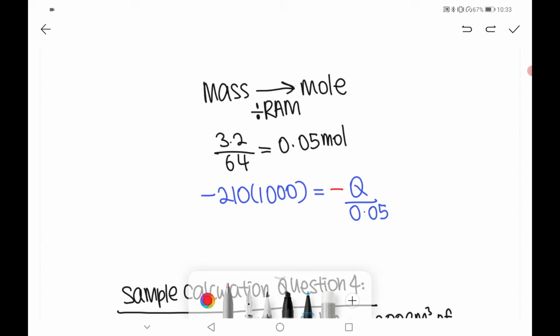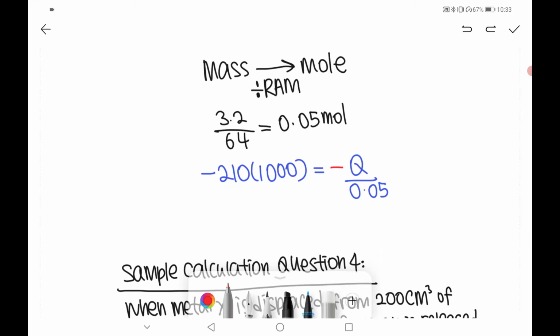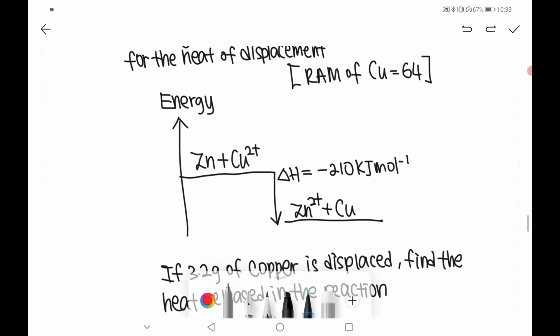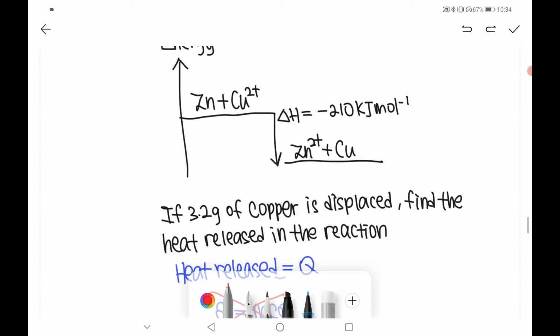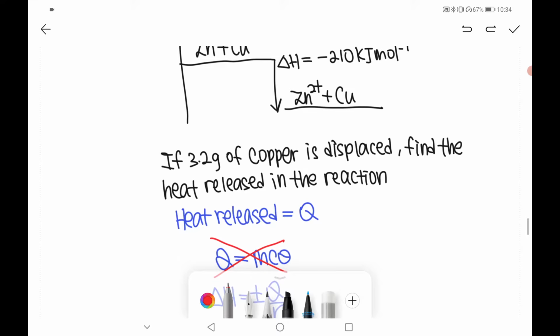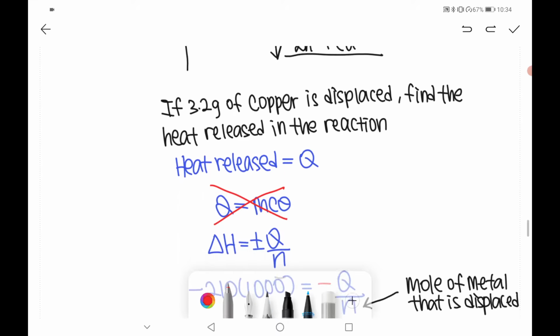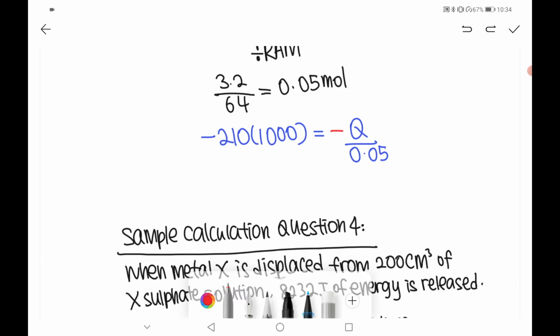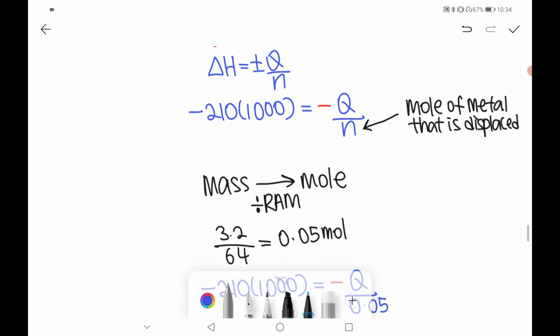All right, so you're going to get the final answer. Let me double check to make sure everything is correct first. Okay, 210 is good. If you key in the calculator, your Q, the final answer is 10,500.